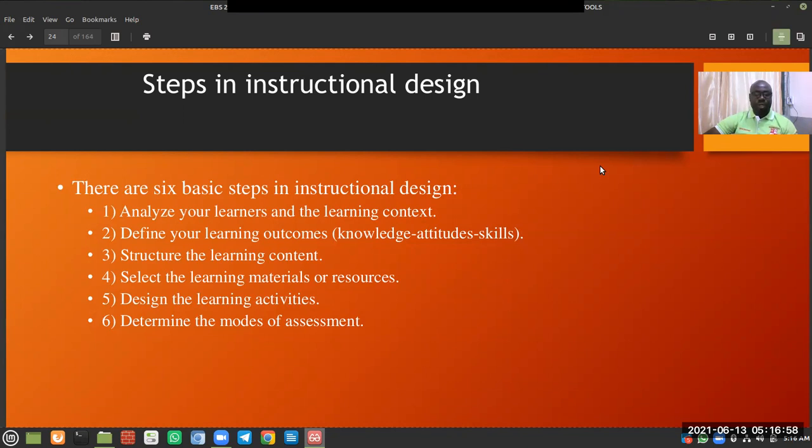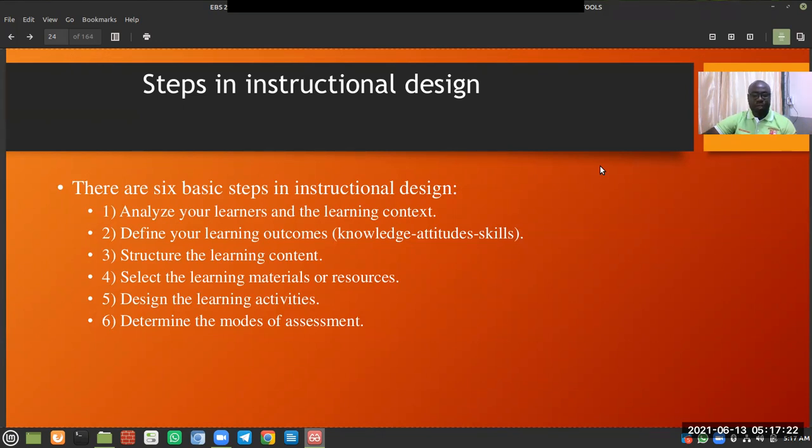3, for you to be able to achieve your objectives or your learning outcomes, there is the need for you to structure the content you are teaching so that its energy is directed towards those outcomes that you want to achieve.